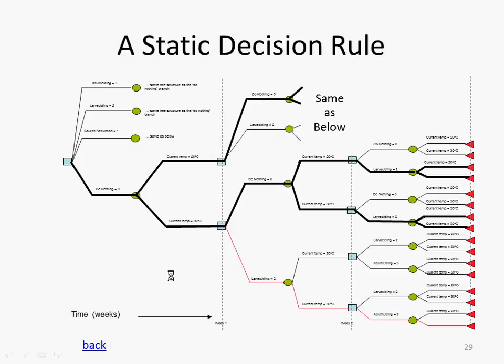And you don't need to take into account, or particularly know about, these factors outside of your control, like temperature. The reason that's indicated is here, week 1, we are always doing nothing. Doesn't matter which way this branch went earlier, this uncertainty, this event, whether it was hot or cool, we're going to be making the same decision here.